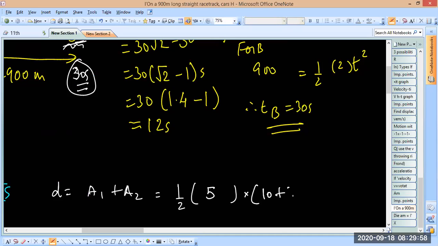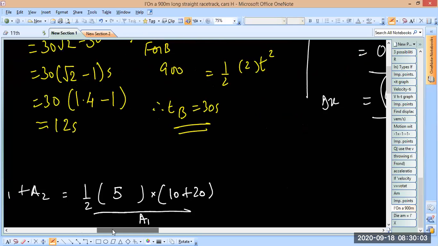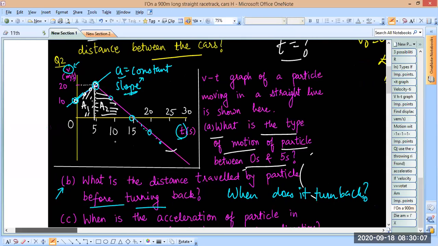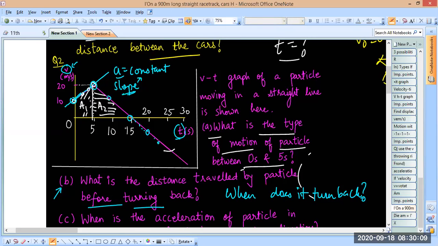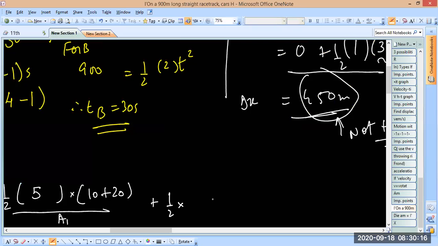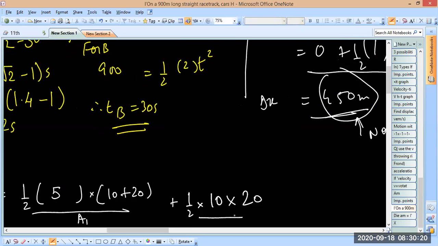All of this is A1 plus A2. Now A2 is a simple triangle, so half into base into altitude. Is that clear? This is A2.